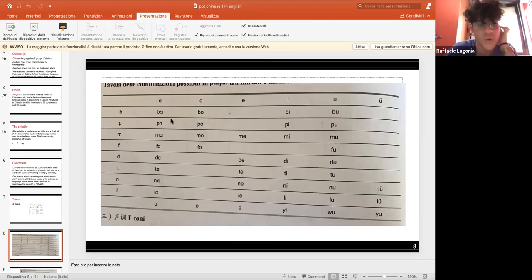So we have the letter B and the letter A. Then the pronunciation will be pa, pa. Pay attention to this: the B is pronounced like a soft P. So the B of black is pronounced as the P of pain.